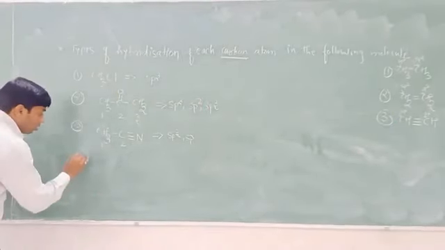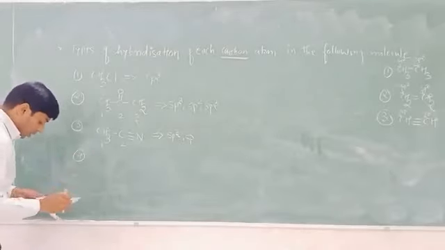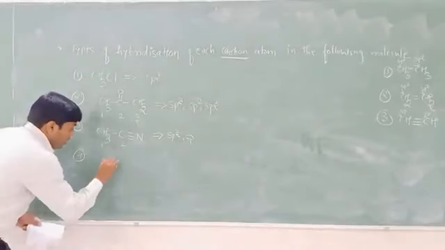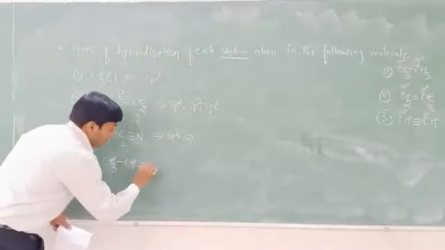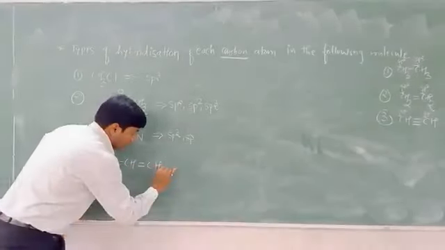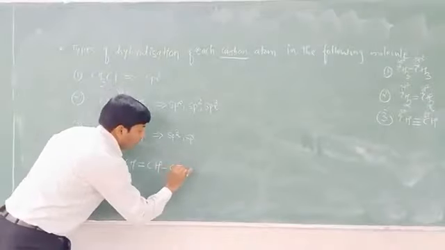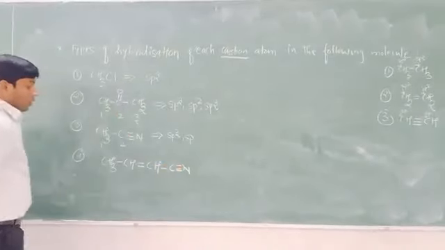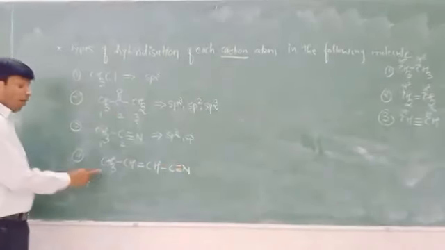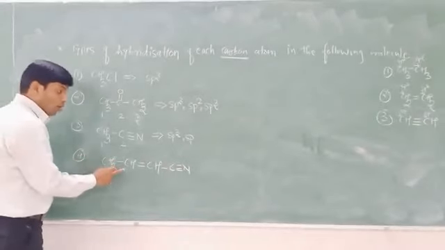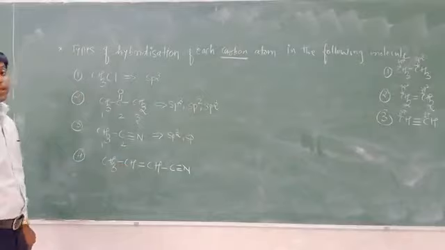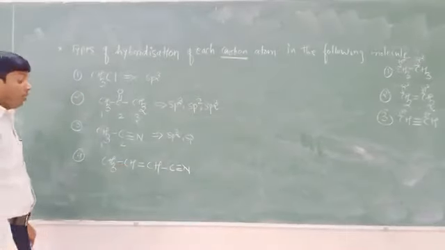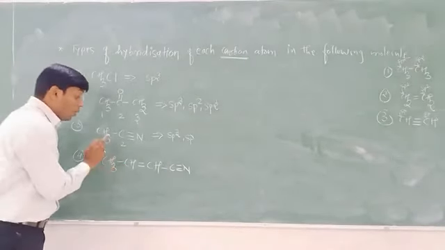Next, one more example I will consider. I will write CH3 single bond CH double bond CH, C triple bond N. In this example, we find carbon atoms, hydrogen atoms and a nitrogen atom, but we have to find the hybridization of only the carbon atoms.